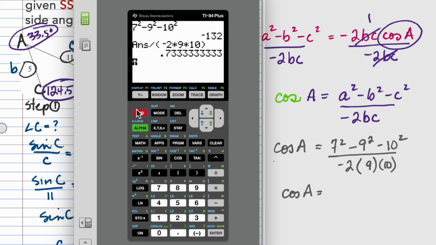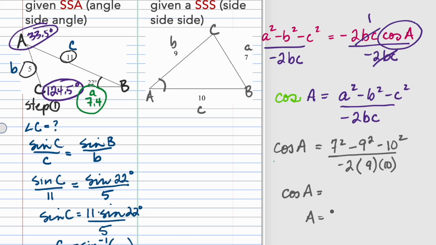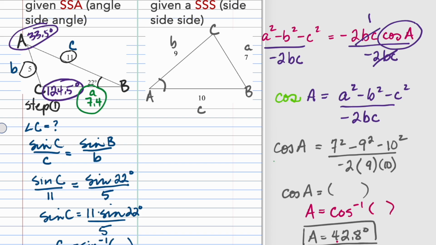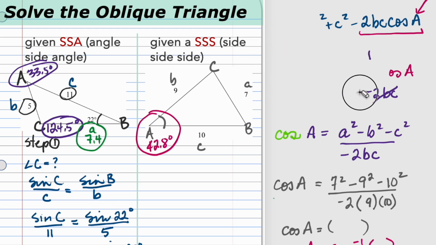I'll go second function cosine of that ratio, and the angle is 42.8 degrees. Cosine of all of that. I think I'll show you that that's the inverse of all of that to get the angle. That is 42.8 degrees right there. Now we can use the sine law for the other ones.